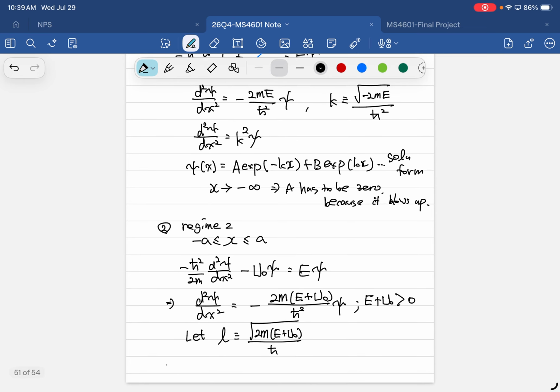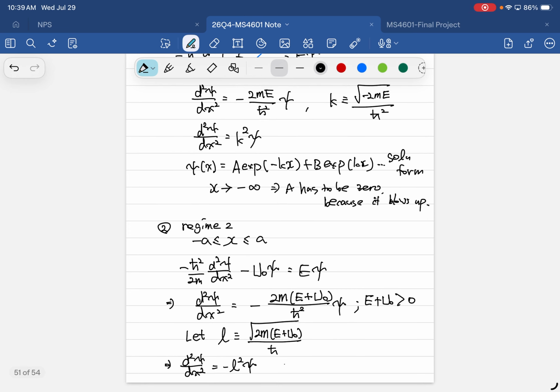And then from this one, d square psi over dx square becomes minus L square psi. Because here, since this one is a positive value, we are putting just a negative sign there and using this real number. So that is why we have negative L square psi.